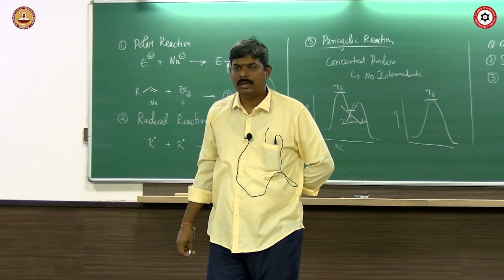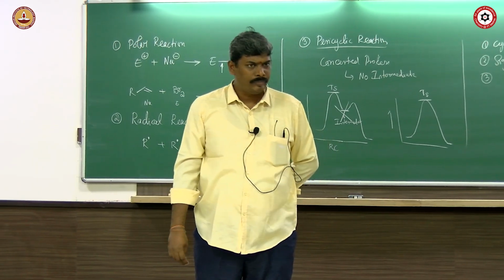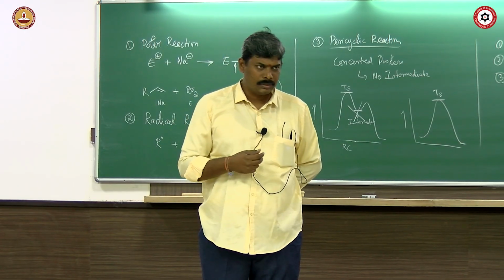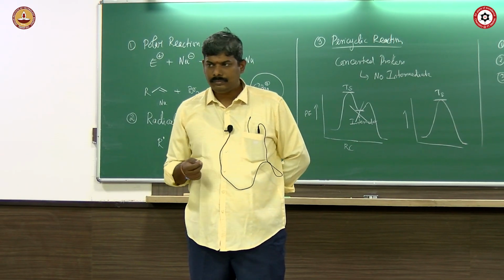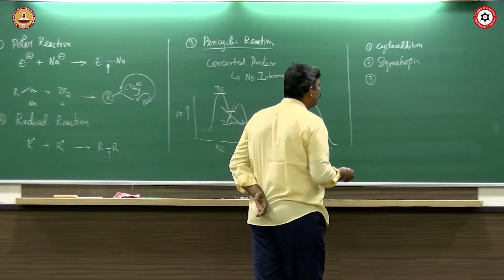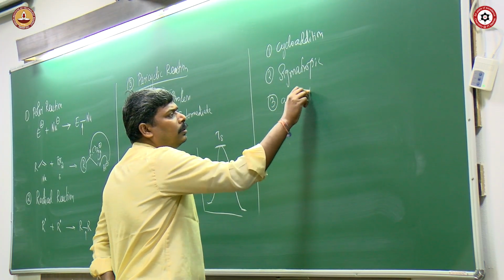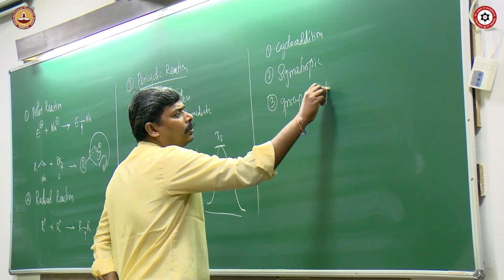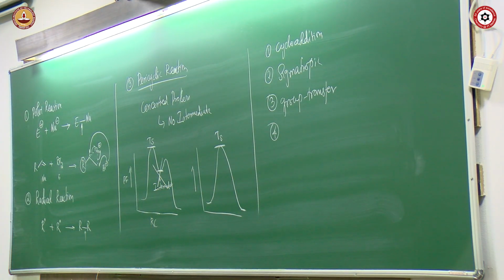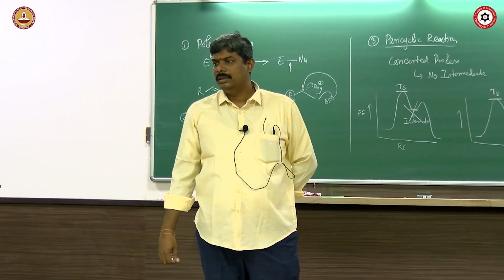What are the other pericyclic reactions which you are aware of? Diels-Alder is a part of a cycloaddition reaction, but that could also come as what is called a group transfer reaction. Right? In general, an ene reaction is a kind of group transfer reaction. What else?